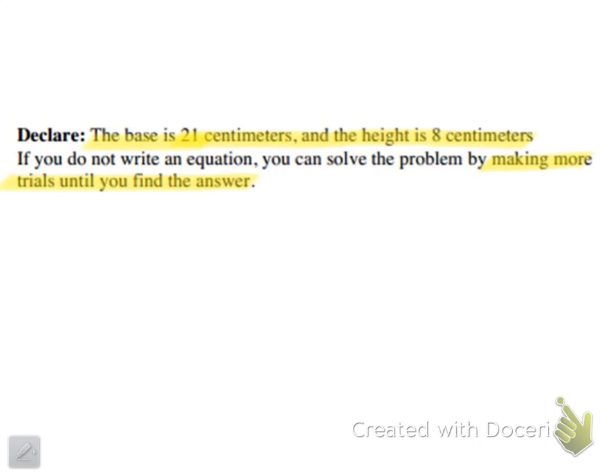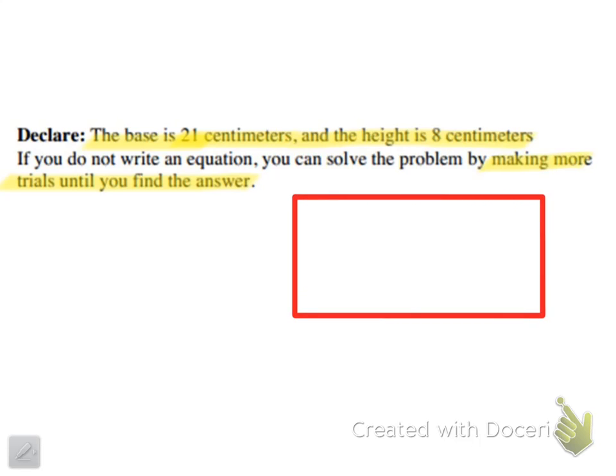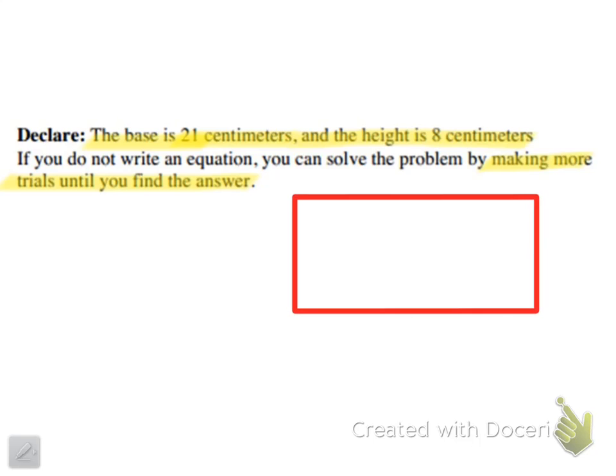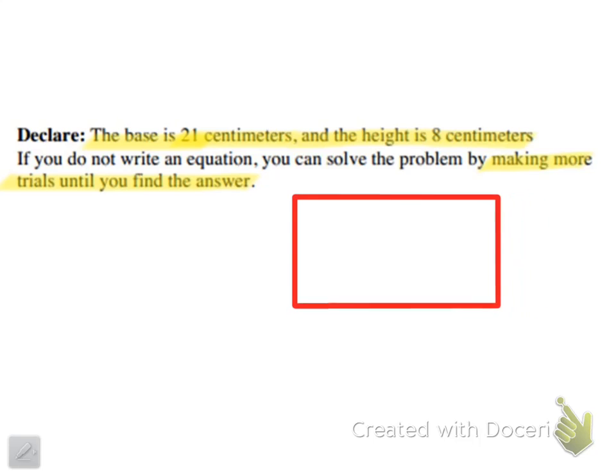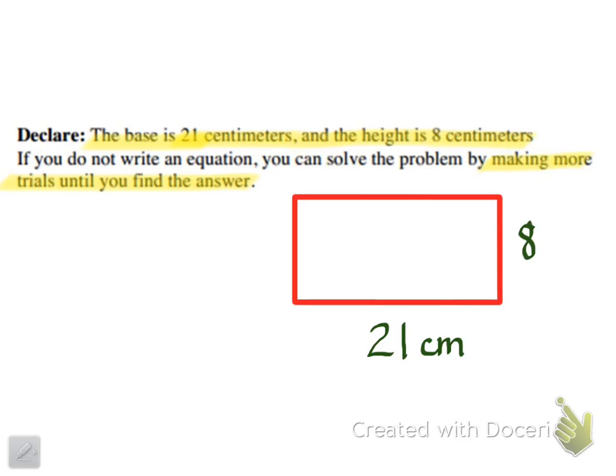Okay, so let's draw this. So it said here that the base is 21 centimeters. Okay, so you have the base is 21 centimeters, and the height is 8 centimeters.